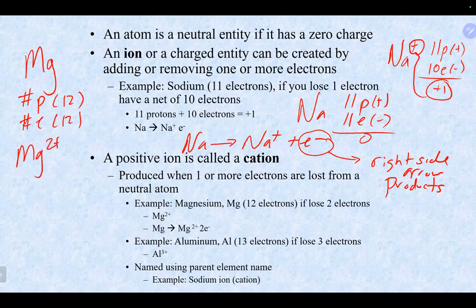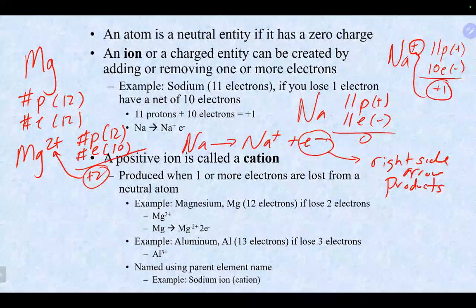Magnesium with a +2 charge will once again have 12 protons, but the positive charge means in this case it only has 10 electrons. 12 positives, 10 negatives gives us a +2 left over, and that is what we see there with the charge. We also could represent it by an equation: magnesium with no charge yields magnesium +2 plus 2 electrons on the other side.